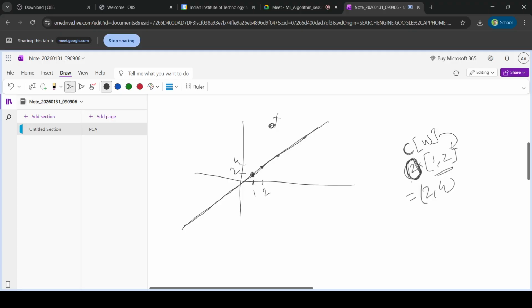You are multiplying this value, so this point will be here, and you will say it's c dash comma w. Another point will be c dash comma w double dash, something like that. This is the way you can represent it: c comma c into w. C is a scalar quantity, w is your vector.